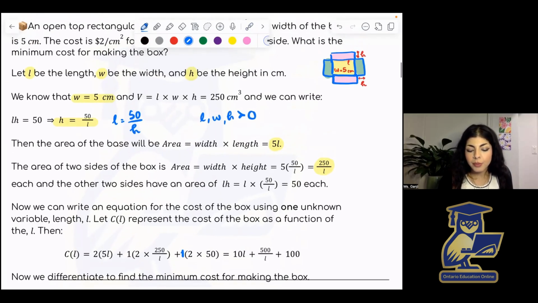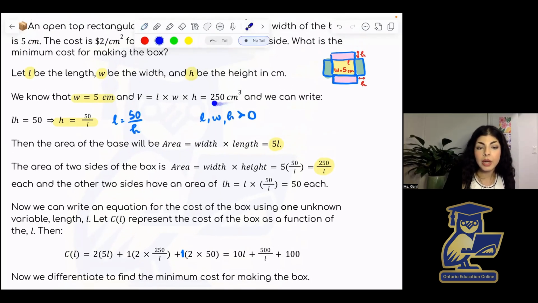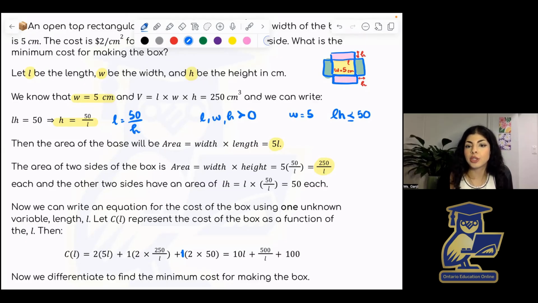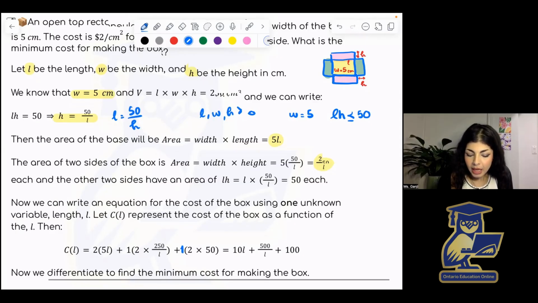And using this quantity here, we can have those restrictions. Well, I already know that width is 5, so then LH is equal to 50. And so then we can also have an inequality expression for each length and height.